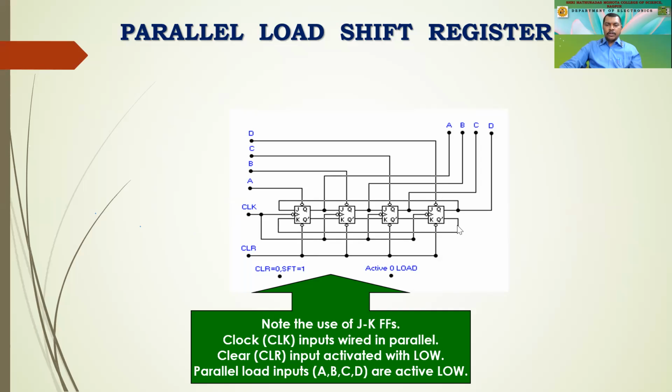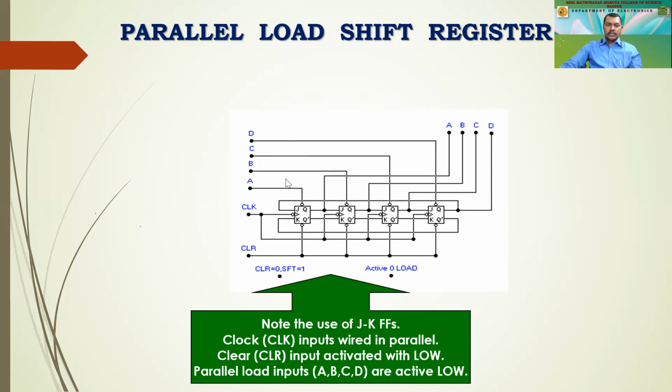Similarly, the complement output of the last flip flop is connected to the K input of the first flip flop, right? So we are again using four flip flops. The clock pulses are as they are. They are connected simultaneously to all the flip flops so that they work on the same clock pulse.